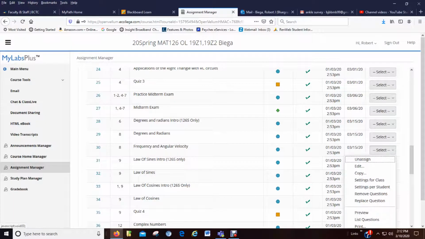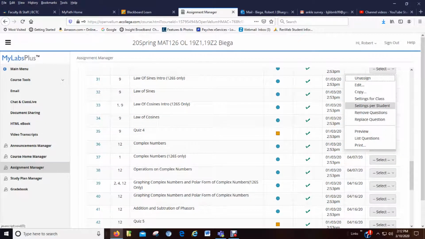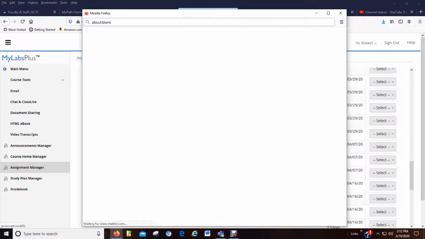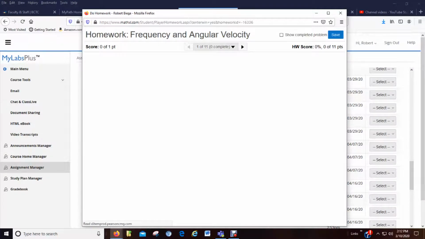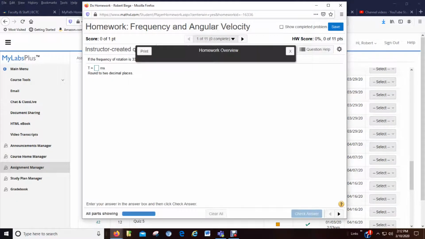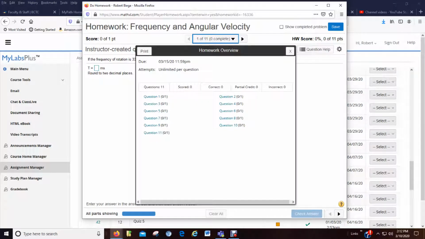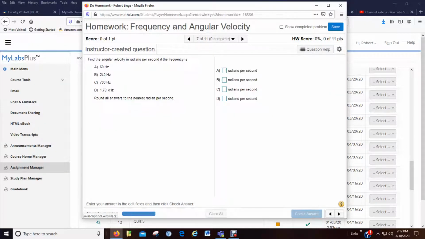One thing I want to look at is frequency and angular velocity, and this, again, is one of those items where I sit there and go, I wonder what the problem is here, because something's up. You've got formulas for angular velocity: 2 times pi times the frequency, if it's in radians.